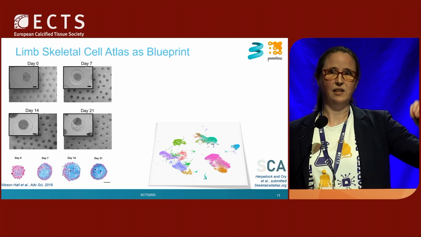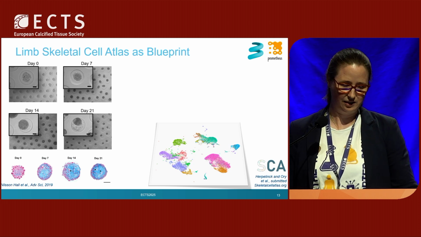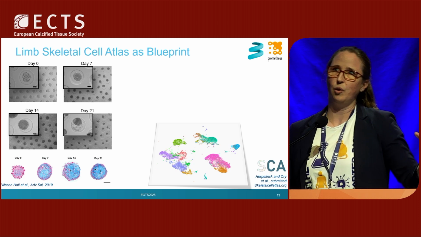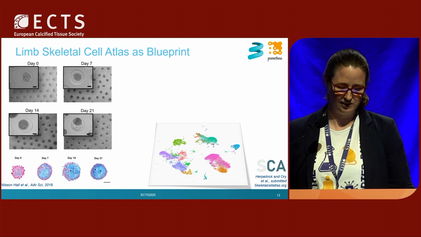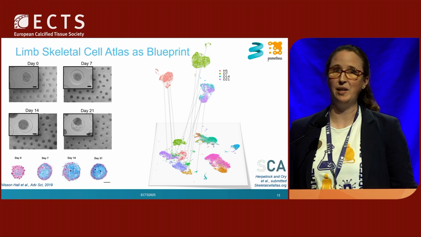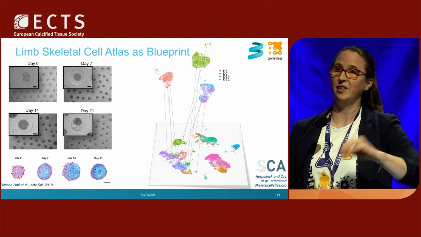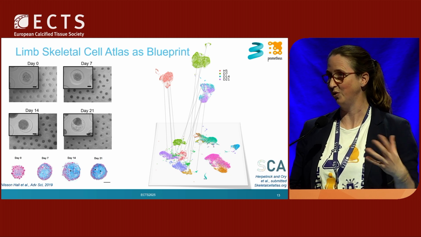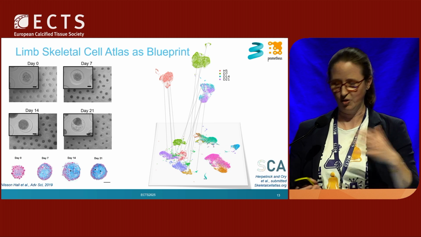So we are taking organoids of skeletal progenitors, pushing them through chondrogenic differentiation, and then we're trying to recapitulate the developmental process. We can do single cell sequencing, and then we're now working on the mapping of these individual fingerprints on the skeletal cell atlas in order to see how far we are from where we actually wanted to be with our cell culture process.